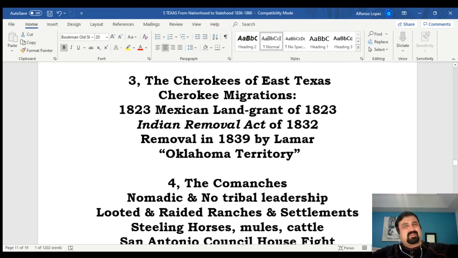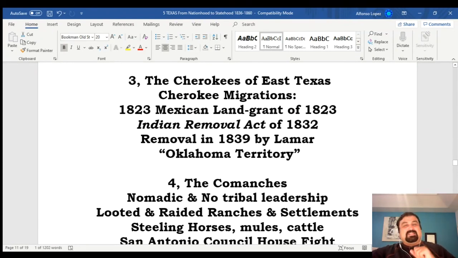And many Cherokees are moving into places like Texas. There's an incursion of Cherokees into East Texas, and very early on, they negotiate a land treaty with the Mexican government in 1823, and the Cherokees were established in East Texas in 1823 when they received a land grant from Mexico.